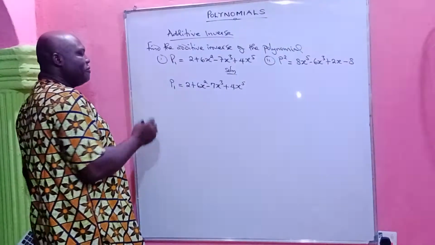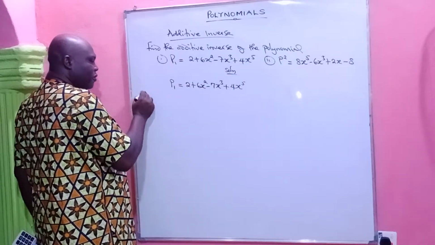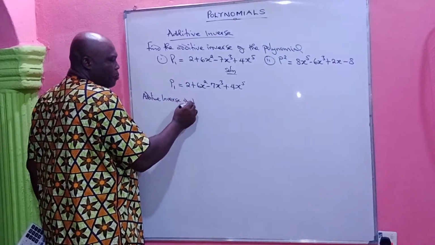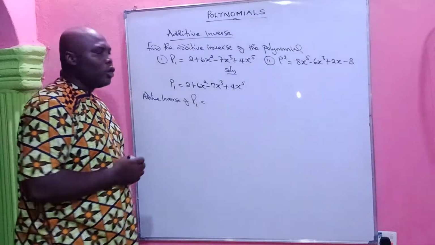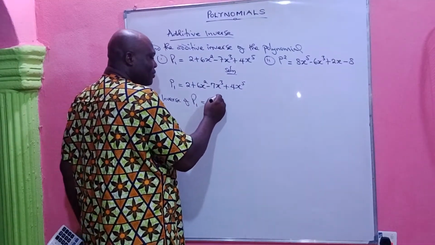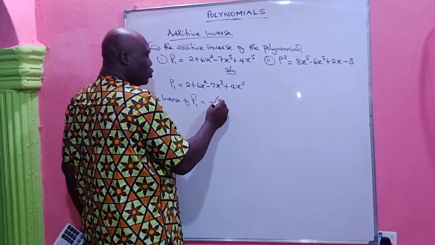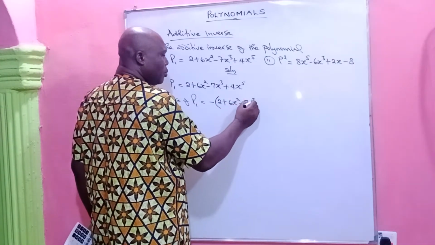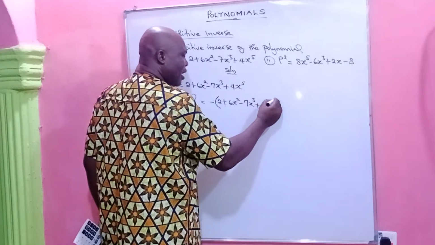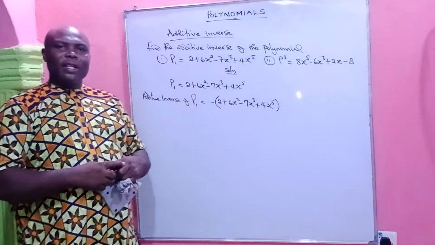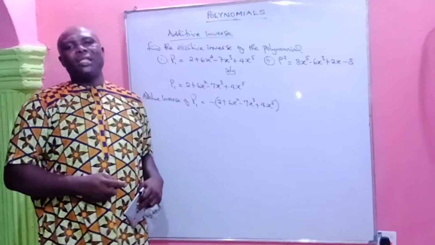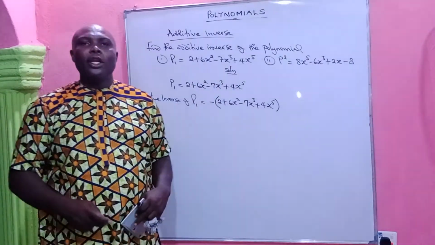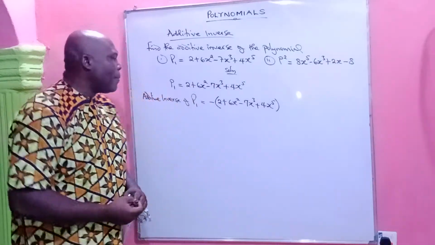So the additive inverse of P1 will simply be for you to introduce a negative sign before the polynomial: minus of 2 plus 6x squared minus 7x cubed plus 4x raised to the power 5. So it simply means that each of the terms of that polynomial will be multiplied by minus 1. Or you are simply introducing a minus sign to affect every term of that polynomial.